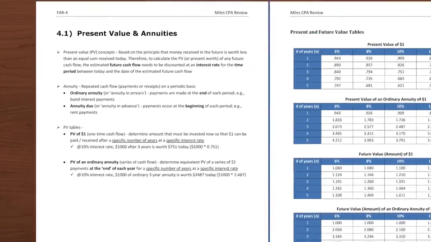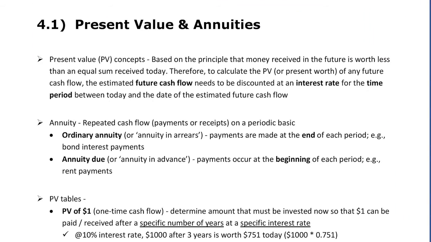On page 2, second bullet, let's look at annuities. Highlight ordinary annuity or annuity in arrears. Underline end of each period. Next one, highlight annuity due or annuity in advance, and underline beginning of each period.